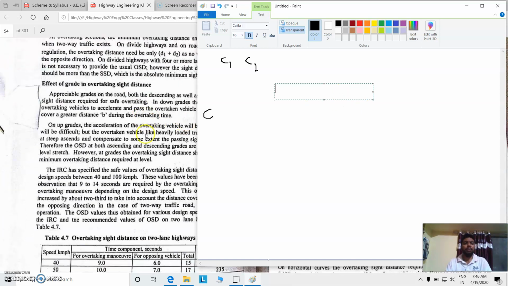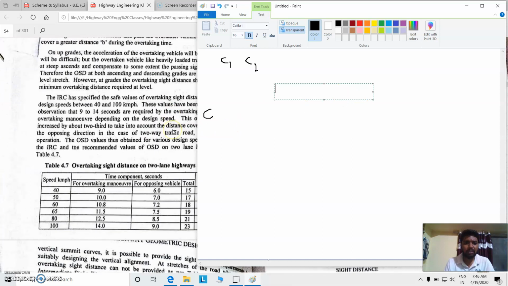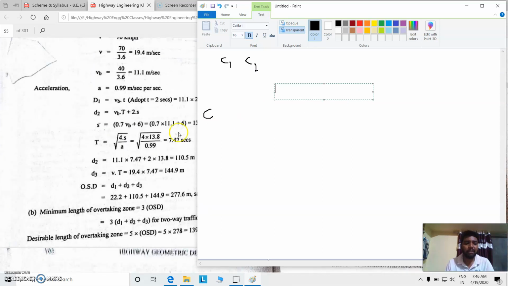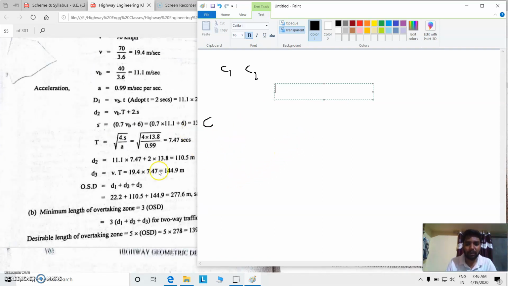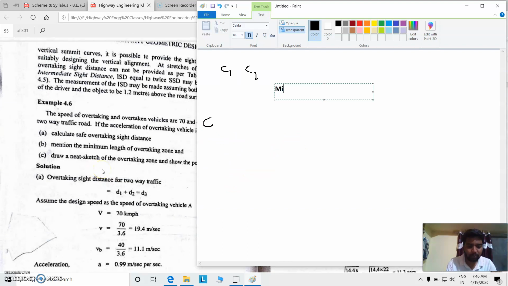That is minimum overtaking sight distance and desirable overtaking sight distance. The minimum overtaking sight distance is considered to be 3 times the calculated overtaking sight distance.